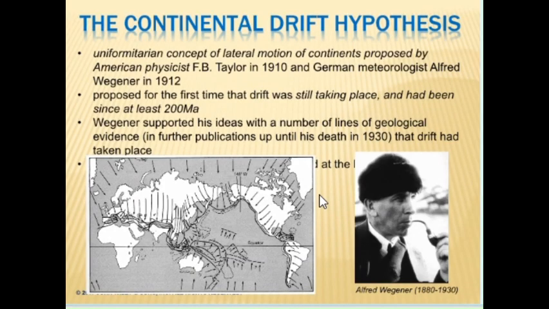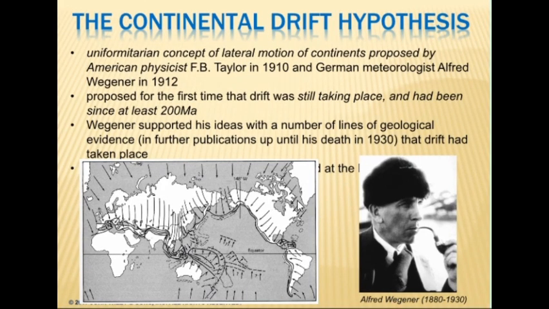He supported these ideas with some lines of evidence that drift had taken place, and Taylor, another guy, proposed that in fact mountain belts formed at the leading edges of drifting continents, as you can see here. So if you look at these arrows, they tell you where the plates are moving towards, and it was saying that where plates converge, we had mountain belts.